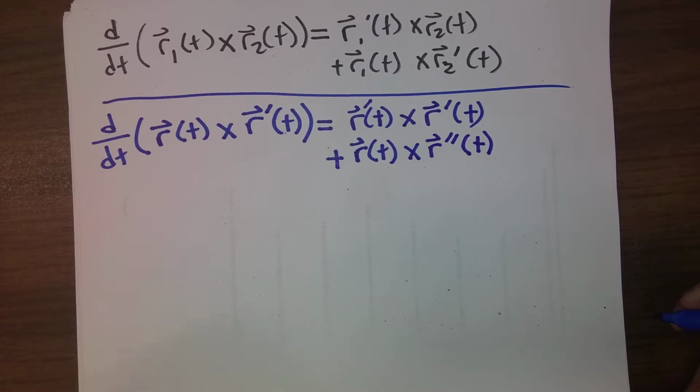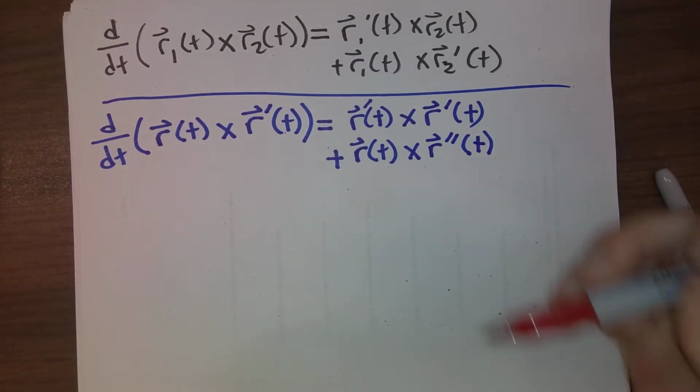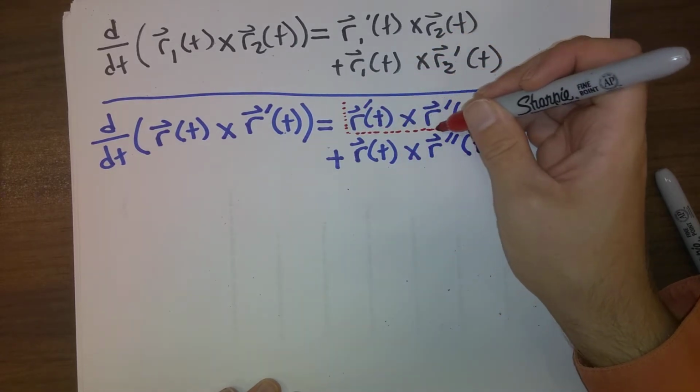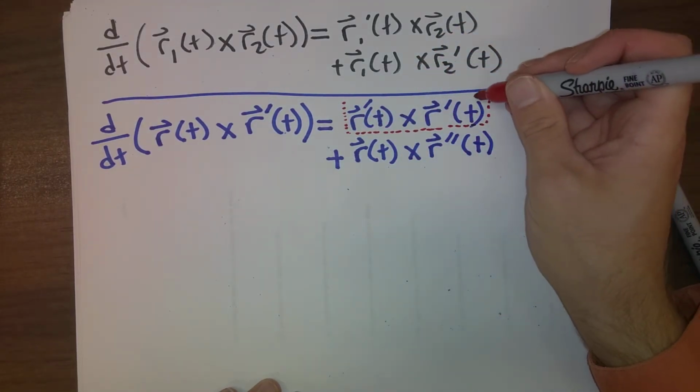And so that was straightforward enough, but now let me pause for a few seconds to see if you notice anything here that we can simplify on the right. Okay, so the thing that you should have noticed was this first term is r prime of t crossed with r prime of t.